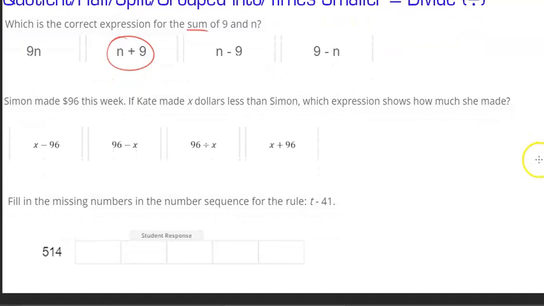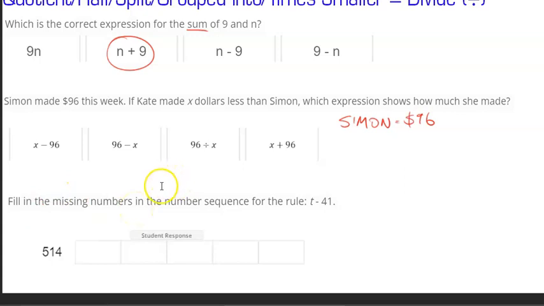Simon made $96 this week. If Kate made $6 less than Simon, which expression shows how much she made? So Simon made $96 this week. So Simon, $96.